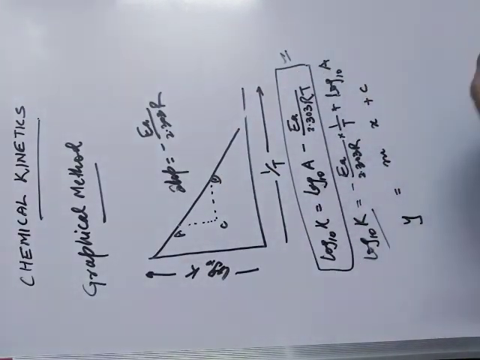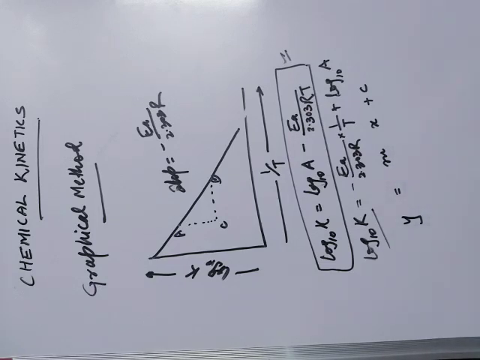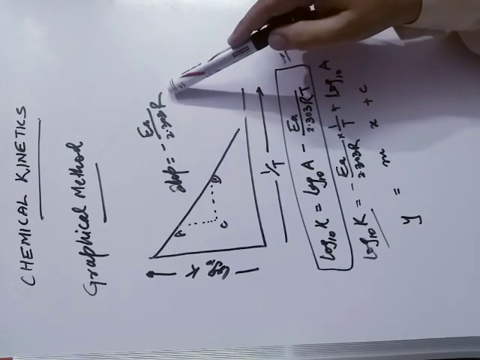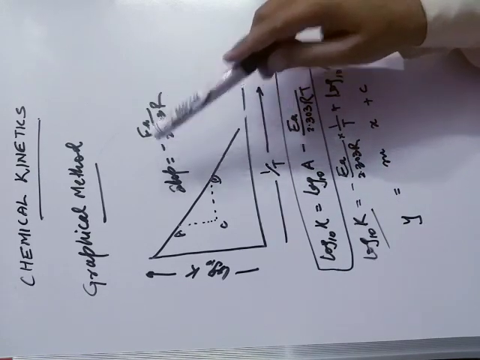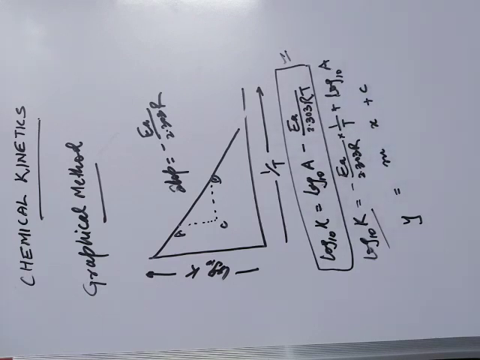Generally we get questions in the graphical method, when the graph is plotted between log base 10 K and 1 by T and the slope is given, R is given to you, and activation energy can be the question. Please take a screenshot of this also.